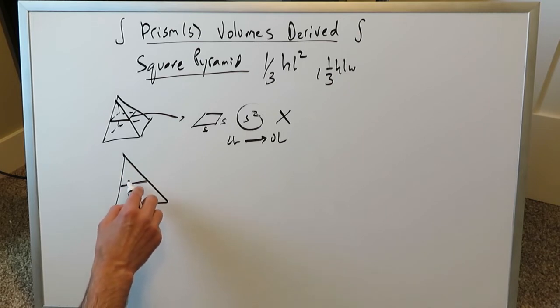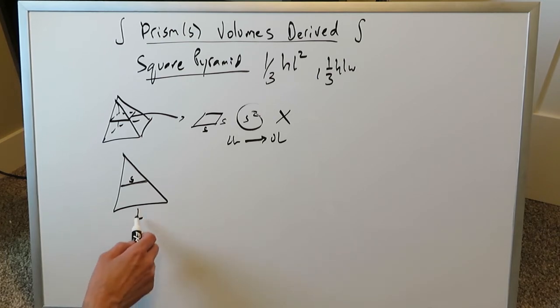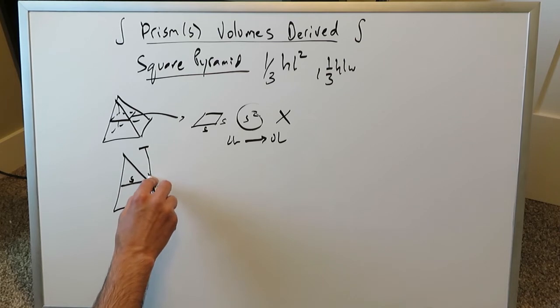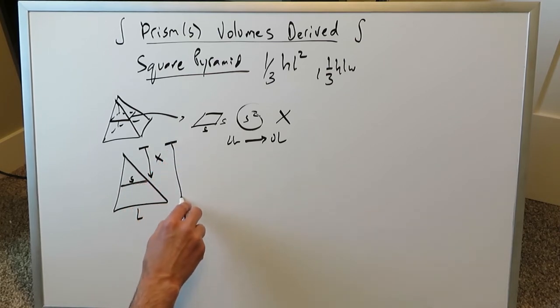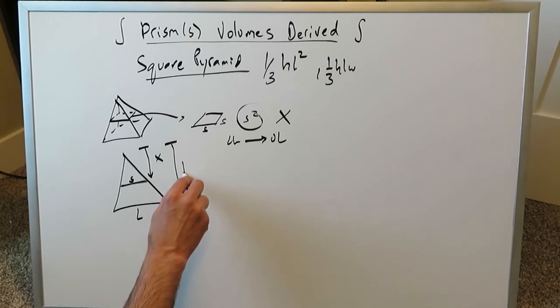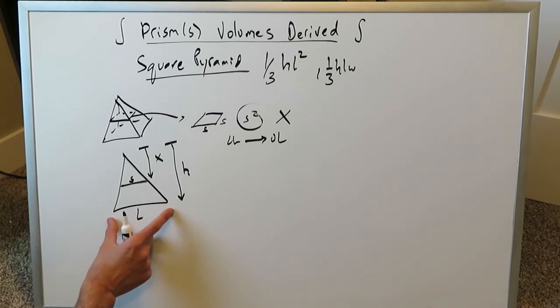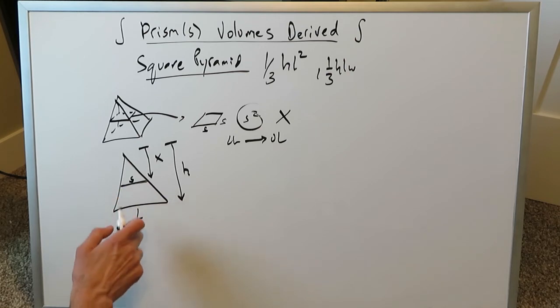The ratio is such, you can identify this as your side, S for side, this is my side of interest, and my L over here, or you can even use B for base. From this distance of the apex to this side, I have a certain height of x. From the apex of this pyramid down to its base, I have a certain height of this pyramid, called H. By using the properties of similar triangles, especially when we're talking about equilateral and isosceles, where you have similarities in these two triangles which are generated.